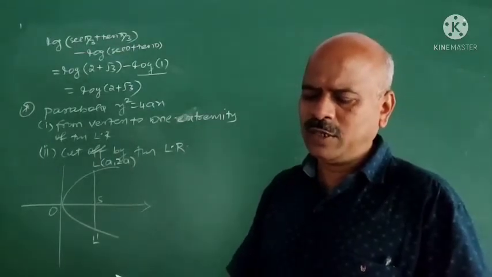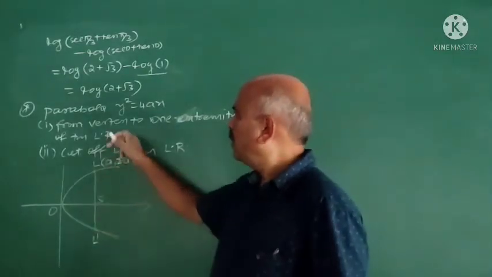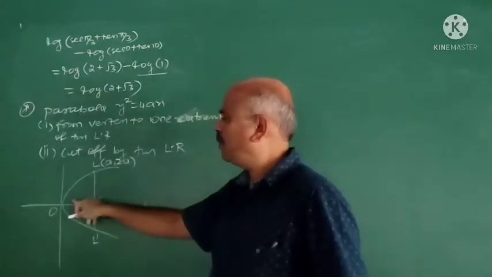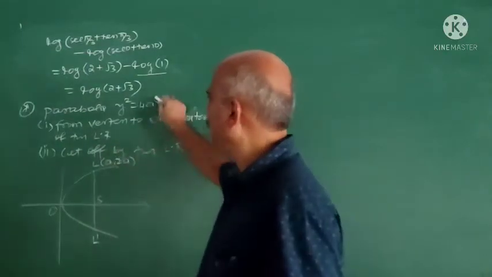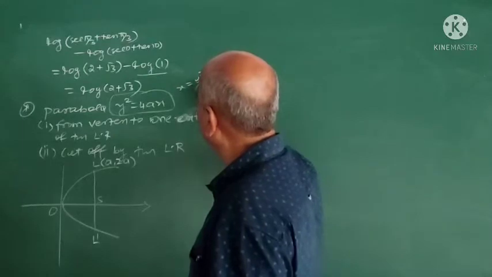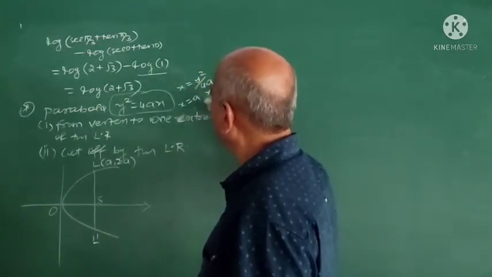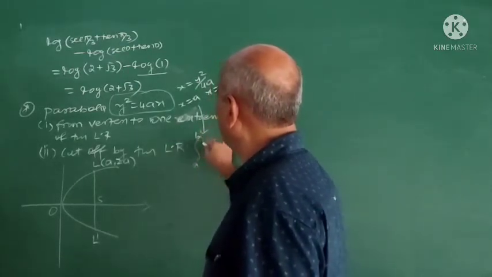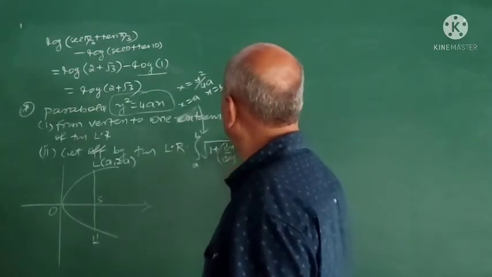One extremity of the latus rectum. Here we can write the formula like this also. The length of the arc of the curve x is equal to f of y, we take here x is equal to y square by 4a, and the two ordinates y is equal to a, y is equal to b, is given by the formula integral a to b square root of 1 plus dx by dy whole square with respect to y.